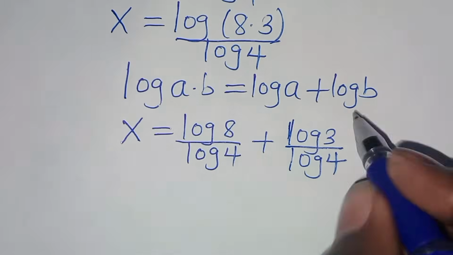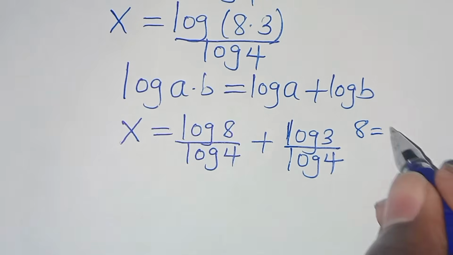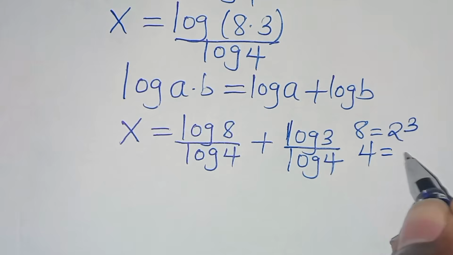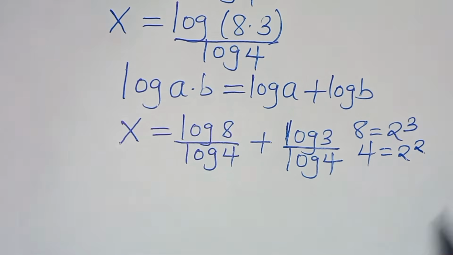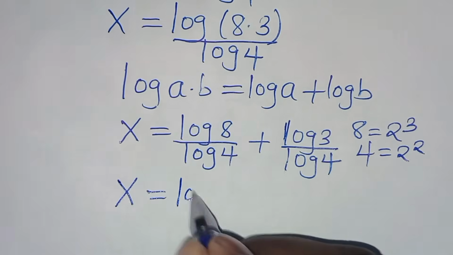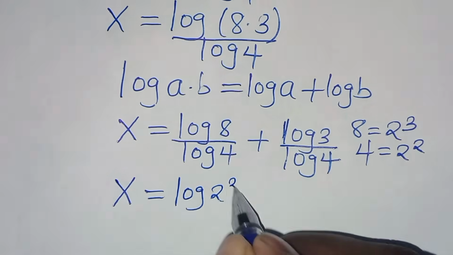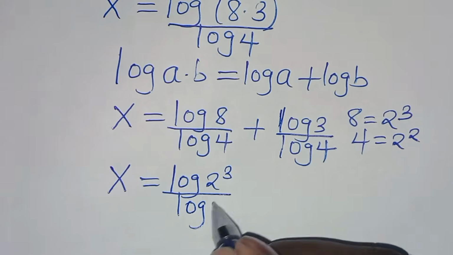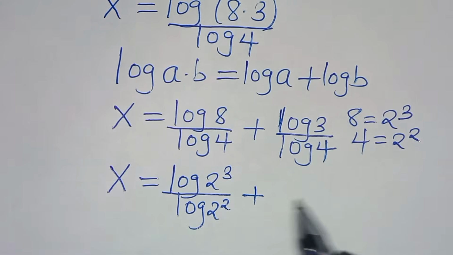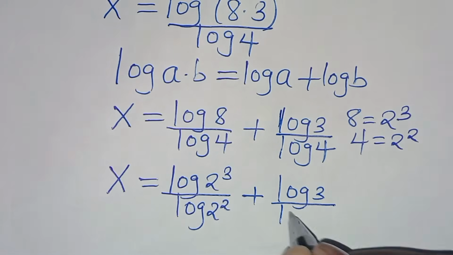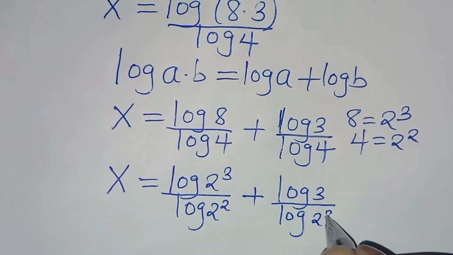The next step is that we can express 8 as 2 to the power 3, and we can express 4 as 2 to the power 2. So therefore, we have that x is equal to log 2 to the power 3 divided by log 2 to the power 2, plus log 3 divided by log 2 to the power 2.